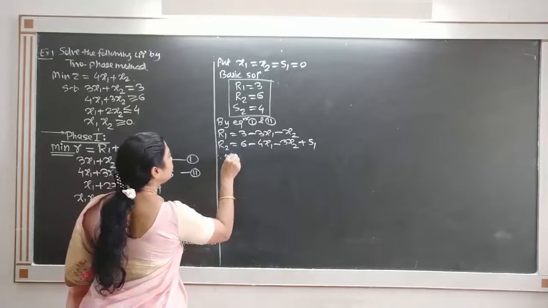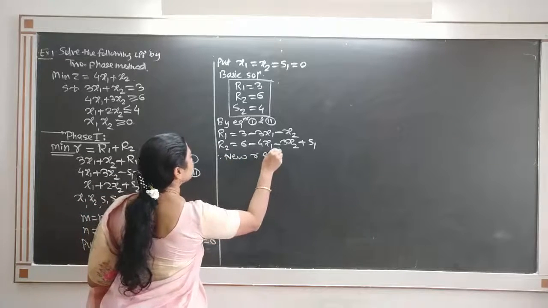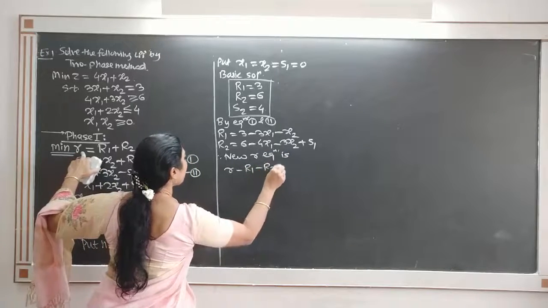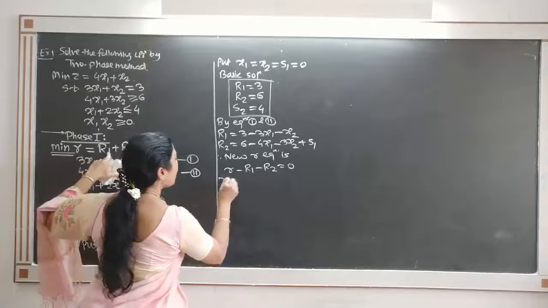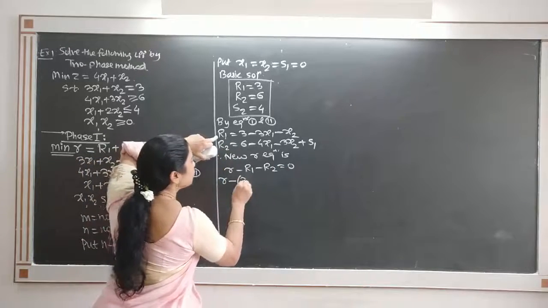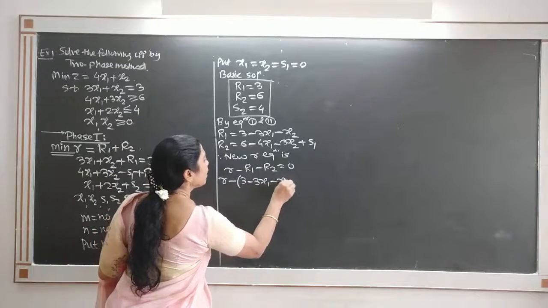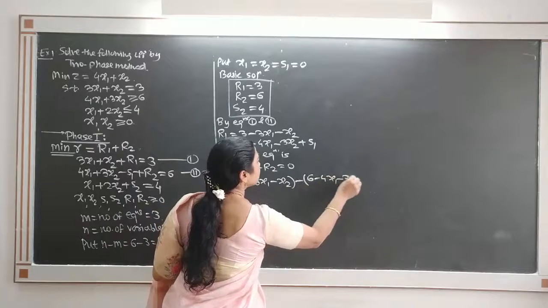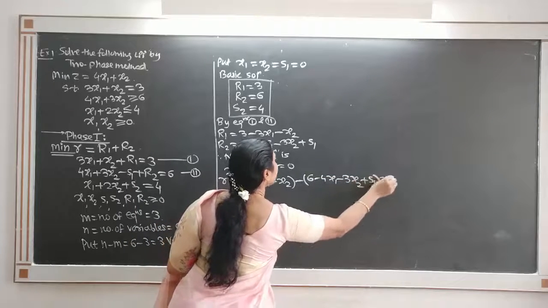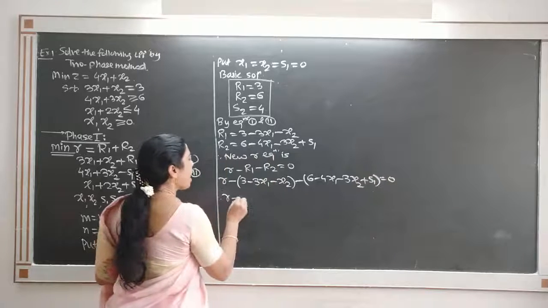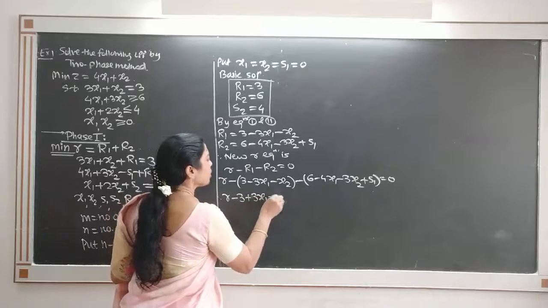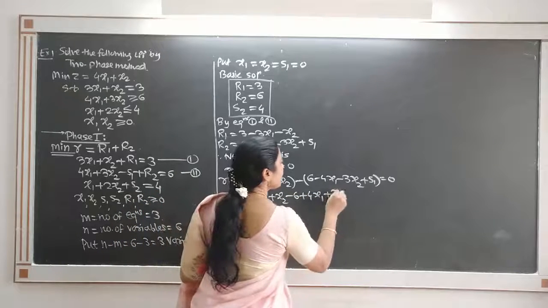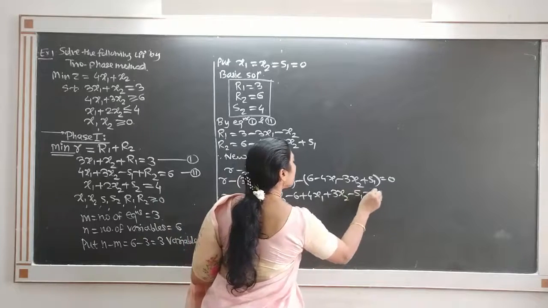So that the new R equation becomes R minus r1 minus r2 equal to 0. That is R minus (3 minus 3x1 minus x2) minus (6 minus 4x1 minus 3x2 plus s1) equal to 0. Simplify this: R minus 3 plus 3x1 plus x2 minus 6 plus 4x1 plus 3x2 minus s1 equal to 0.